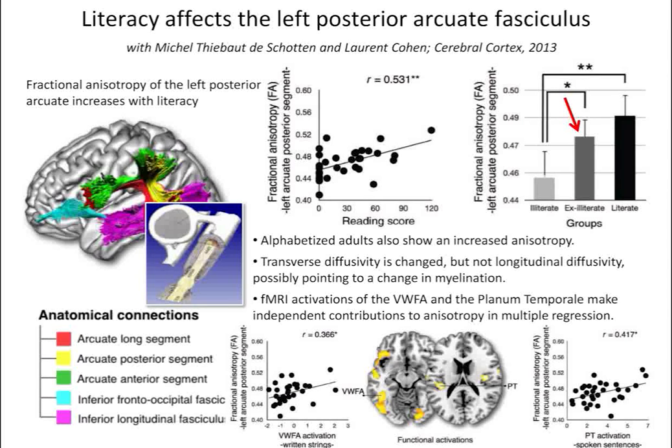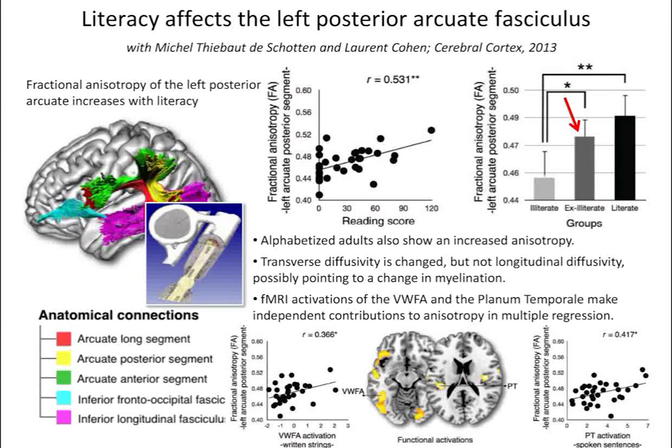So reading score predicted the organization, the fractional anisotropy, of this pathway. And this is the vertical part of the arcuate fasciculus, which links the ventral temporal regions with the more dorsal superior temporal and inferior parietal regions. So it's perfectly appropriate for at least a subpart of it to mediate from vision to higher level auditory representations and auditory working memory.